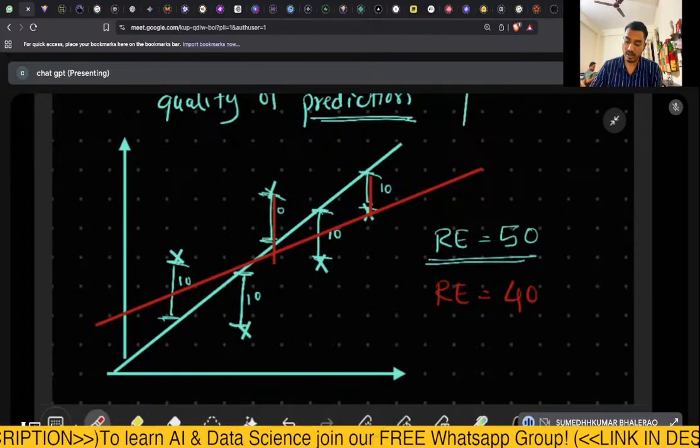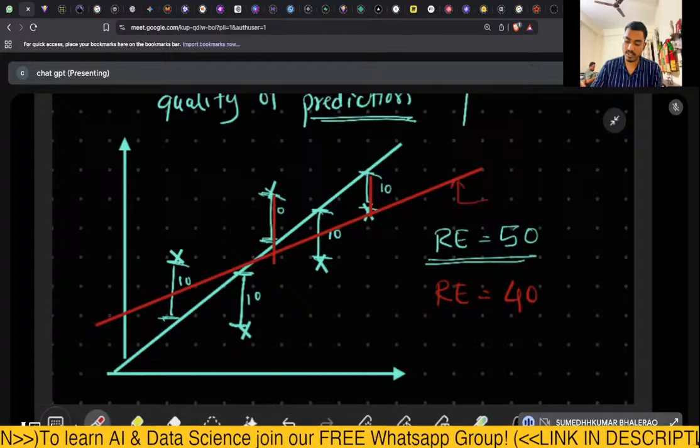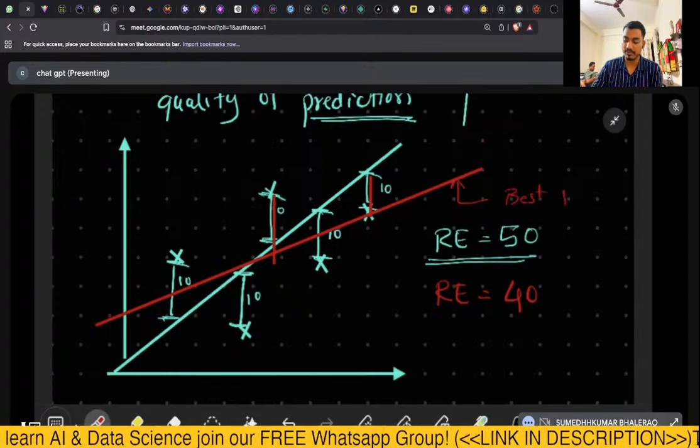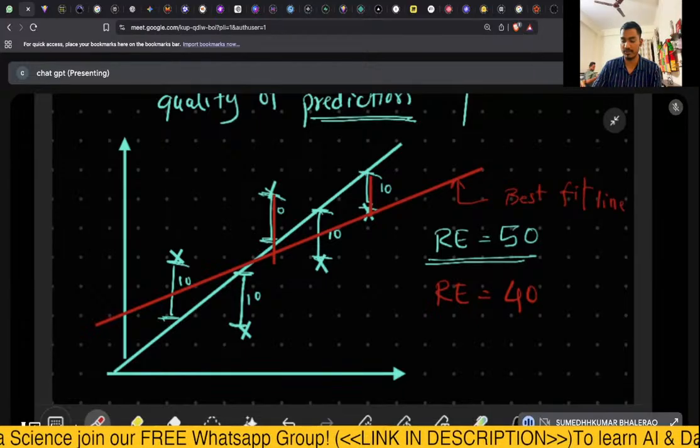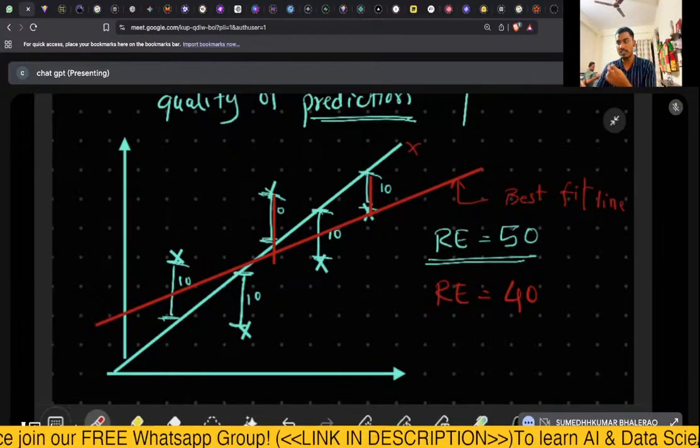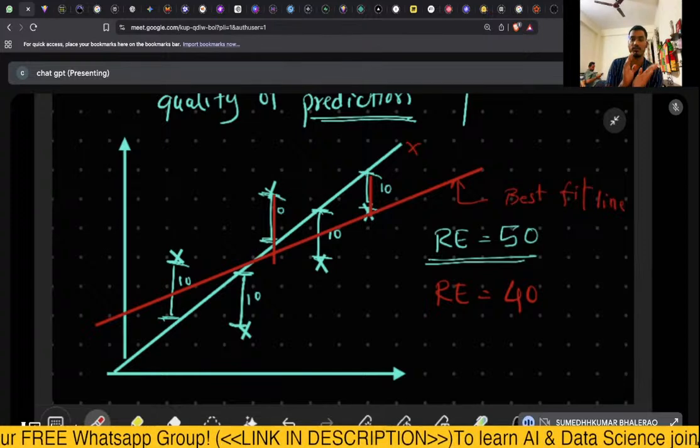So we will call this line the best fit line, not this one. You must have got the point now.